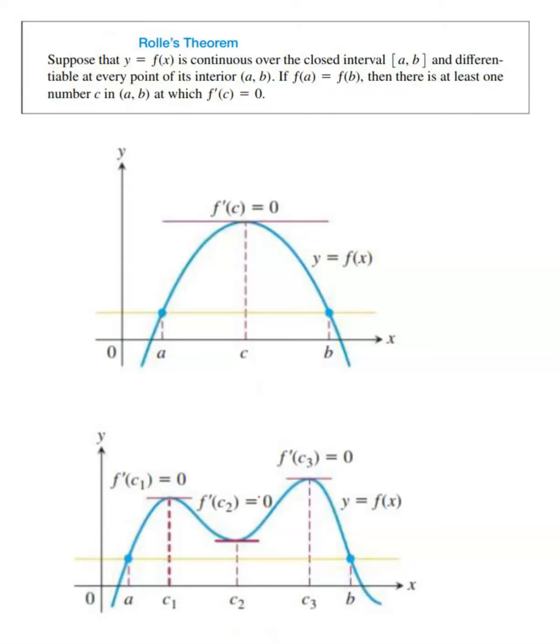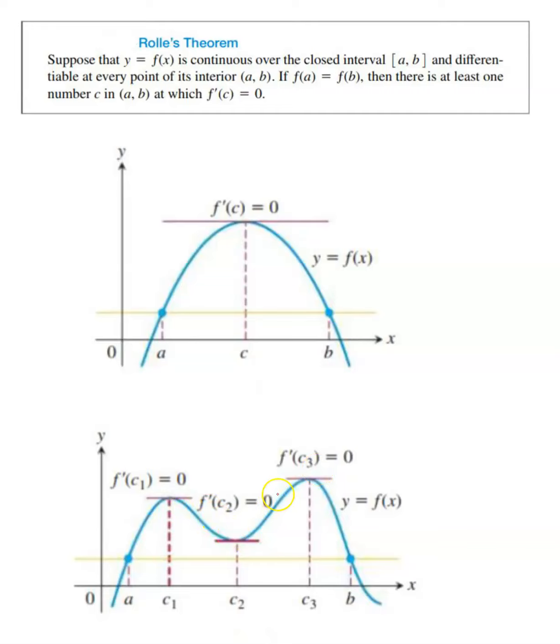The first derivative test said if there is a local maximum or local minimum, then f prime of c at those points will be 0. And in fact, you can see that this is a local maximum c1, and there is a local minimum at c2, and there's a local maximum at c3.